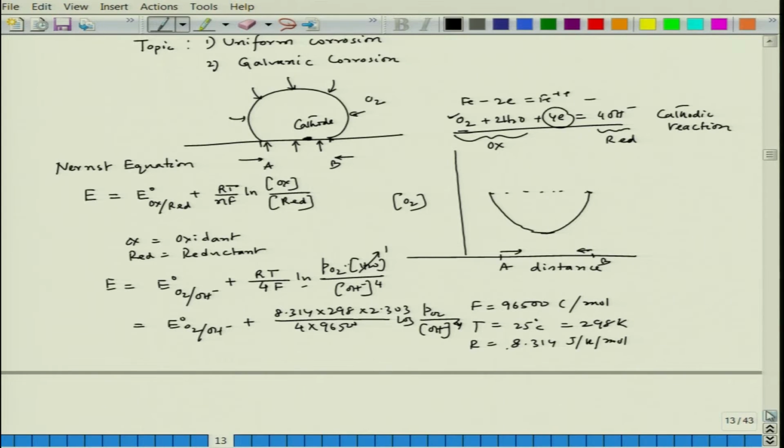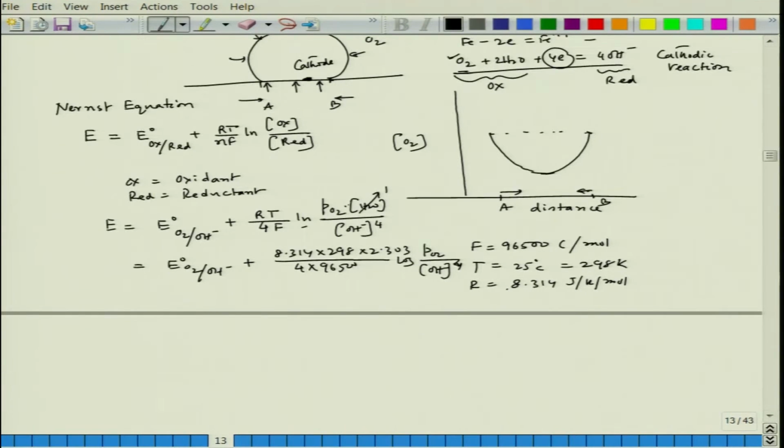So now if we multiply this part and divide, you would get E naught O2/OH minus plus 0.059 by 4 log PO2 divided by OH minus whole to the power 4.